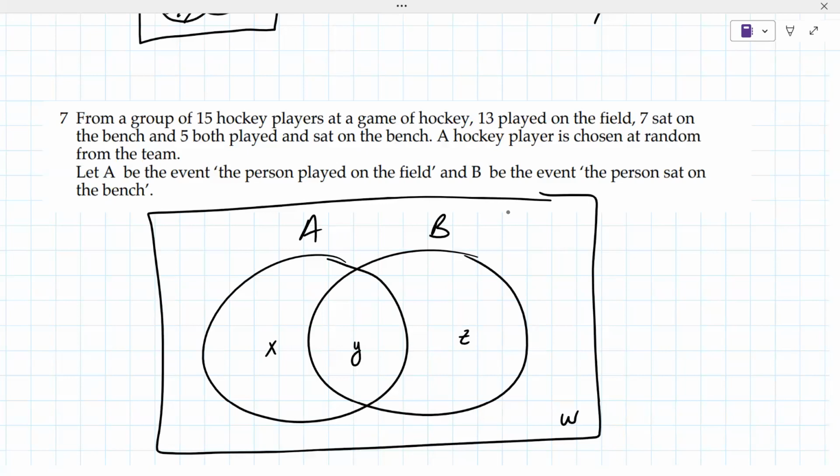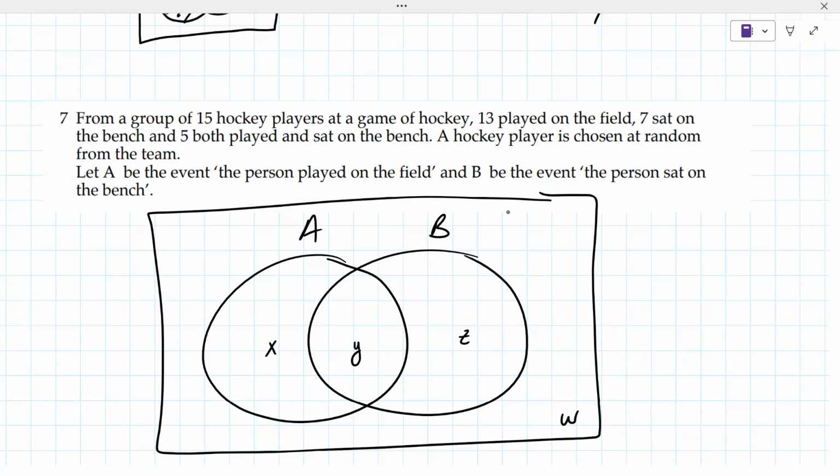So there are 15 hockey players. 15 hockey players at a game of hockey. 13 played on the field, 7 sat on. Wait. Okay. That makes sense now.